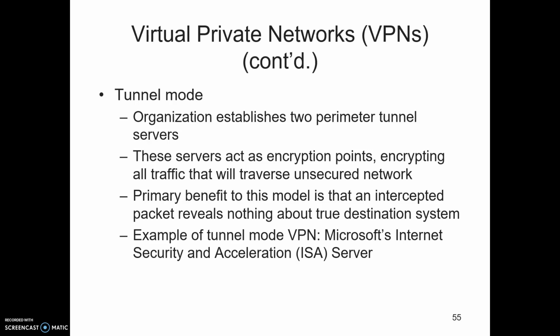In tunnel mode, the entire client packet is encrypted and added as the data portion of a packet addressed from one tunneling server to the other. The receiving server decrypts the packet and sends it to the final destination. The primary benefit to this model is that an intercepted packet reveals nothing about the true destination system.